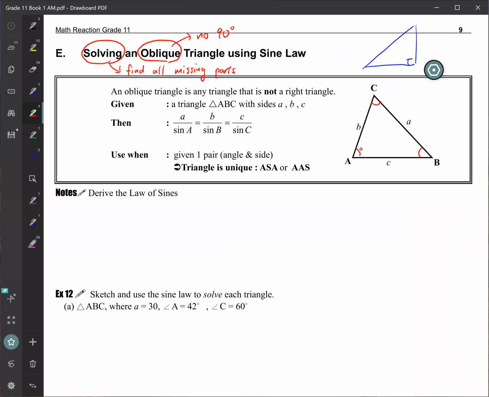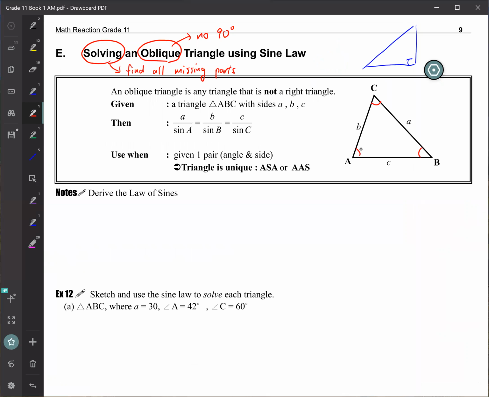So an oblique triangle is any triangle that is not a right triangle. So if I give you any triangle, right, then there is a rule having this ratio, okay? a over sine A, right, side a over sine angle A, equal to side b over sine angle B, right, equal to side c over sine angle C. Right, so this ratio can be flipped around, okay?